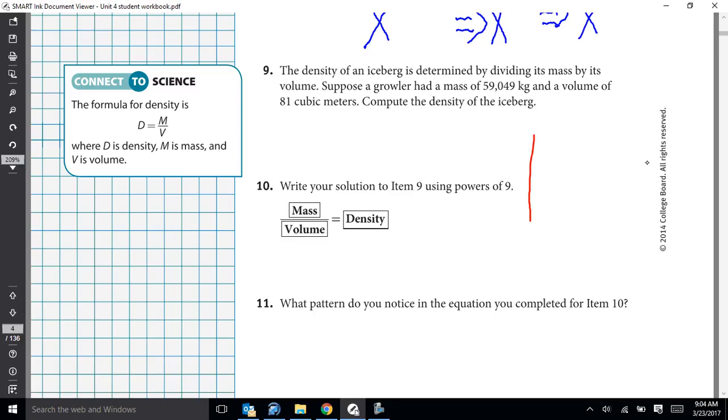All right, so setting up our equation here. We have D. Do we know what the density is? That's what we're trying to find, right? So density is mass over volume. Do we have the mass? What is the mass?